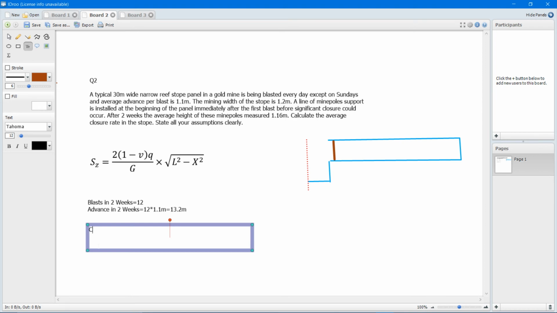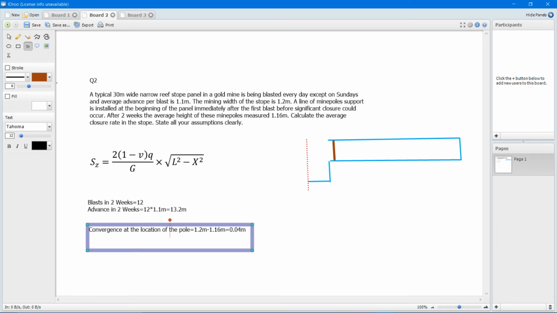So the convergence, right, at the location of the pole would be equal to your initial 1.2 meters minus 1.16 meters. That gives us 0.04 meters, right? Which is also 40 millimeters.